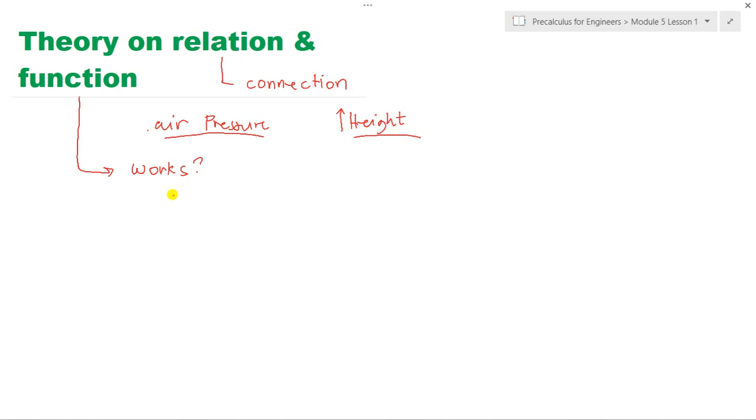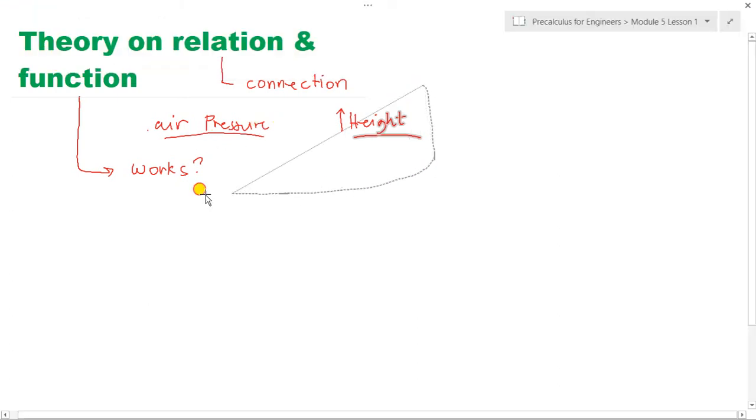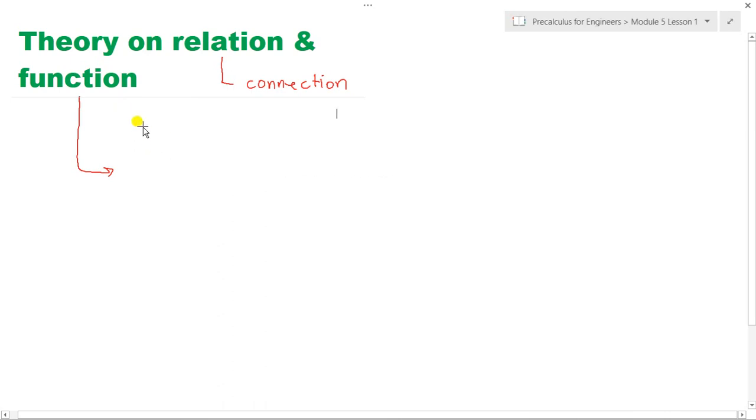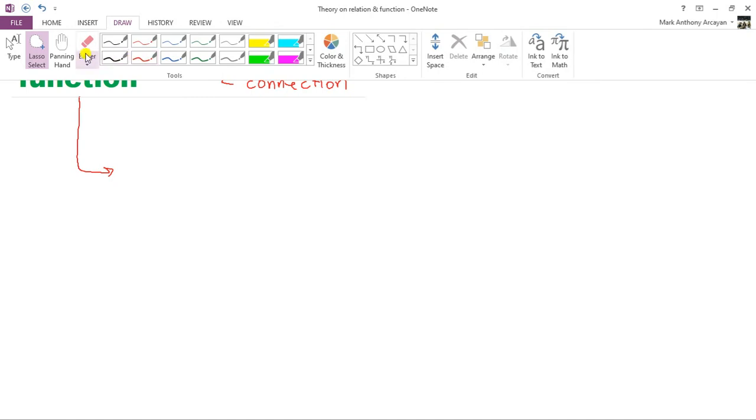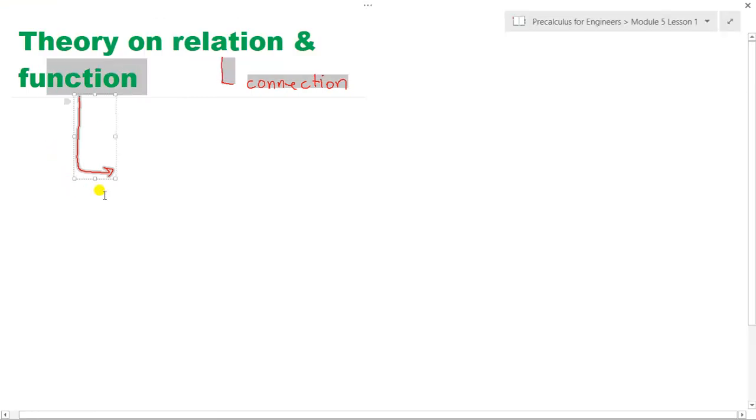Let's say your relationship with a person, do you think it will work given what you do? We can really apply this. But in mathematics, relation talks more on connection, then function asks whether it works. So the question is, does our chosen relation work?